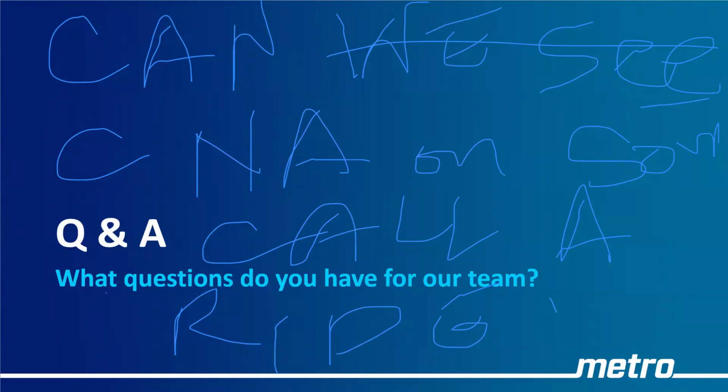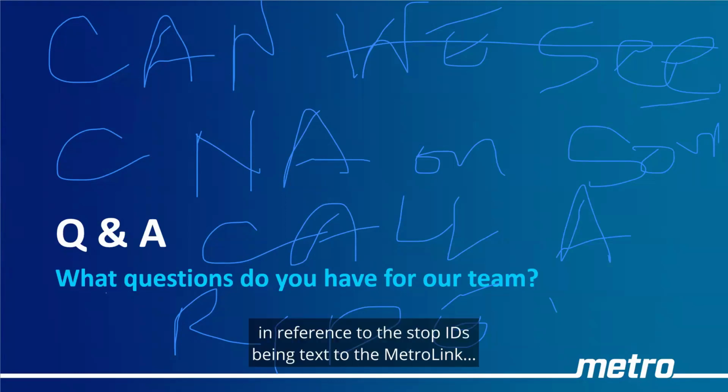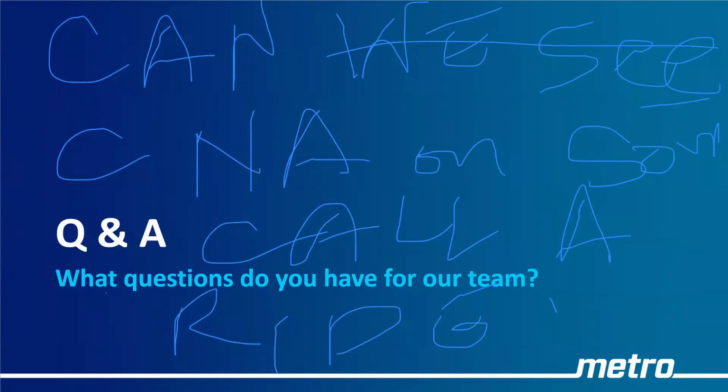And I want to start with Lisa. Lisa, I had asked you a question in the chat in reference to the stop IDs being texted to the MetroLink. What is it called? The ID number, or the stop ID is texted to this like 5-digit code.